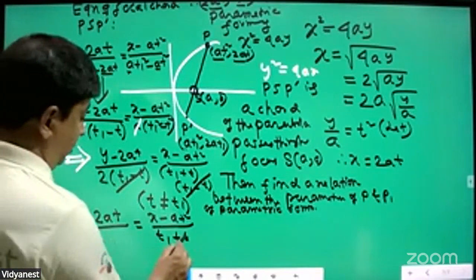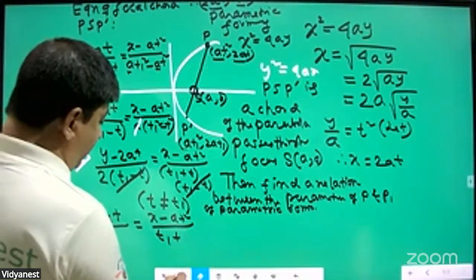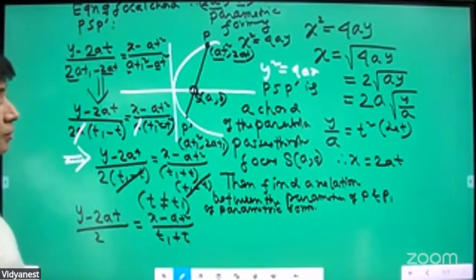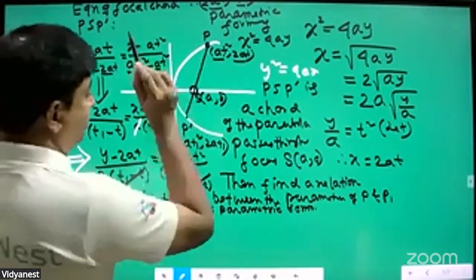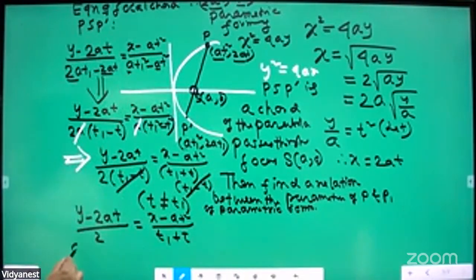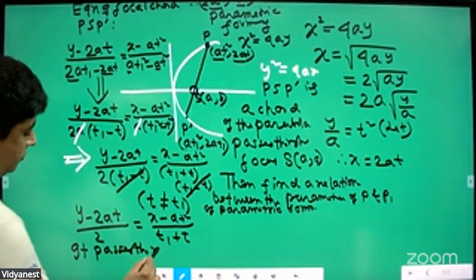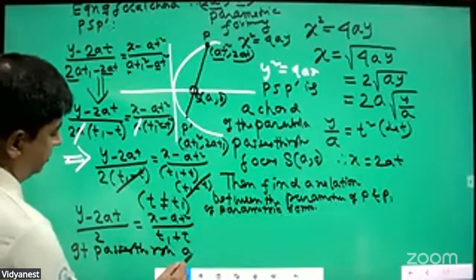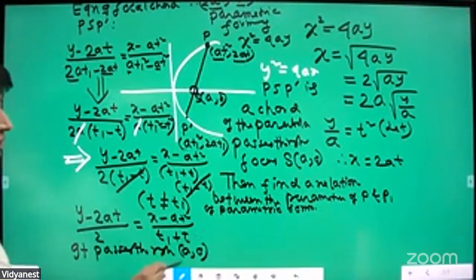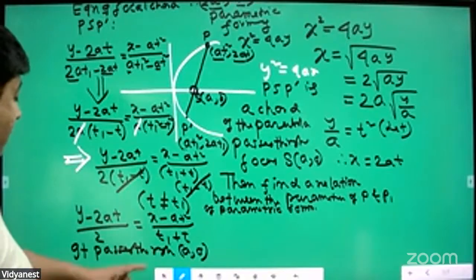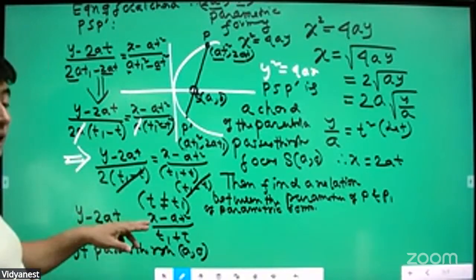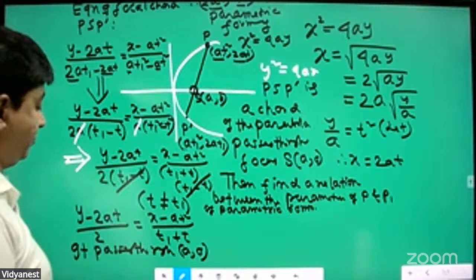Now, more simplification is possible? Yes. Why? Based on which condition? That it passes through focus (a, 0). So in place of x, I will put a, and in place of y, I will put 0.